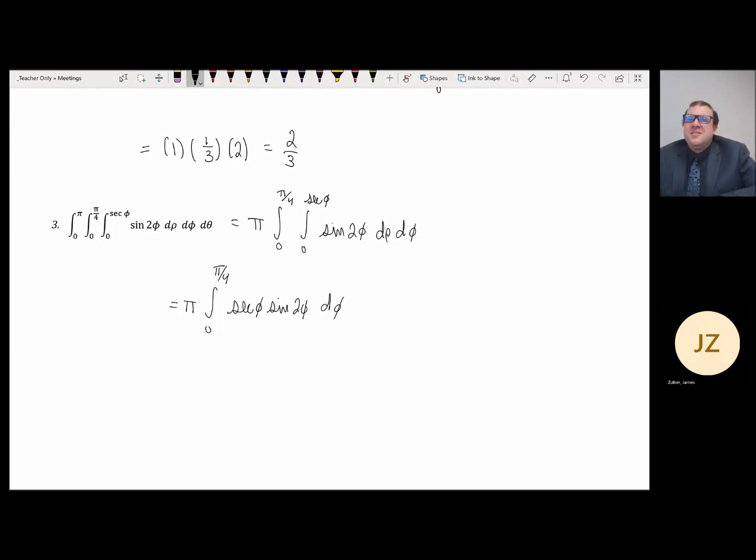Not sure how you do it, but can you turn the sine of phi into cosine somehow so that it cancels out this secant phi? Well, the sine itself isn't going to become just cosine. There is an identity you can use. What's the identity? Oh, that's for squared. That's the reduction identity.